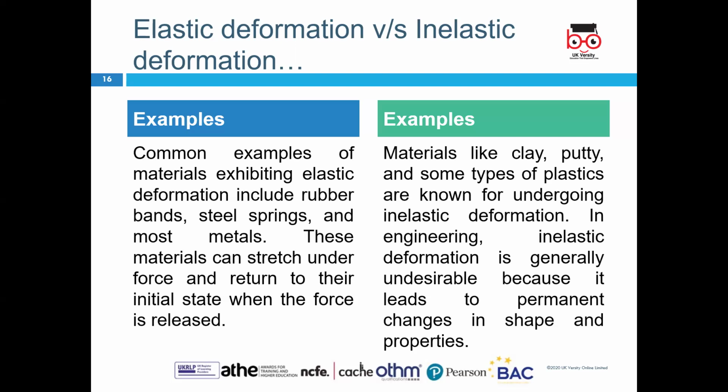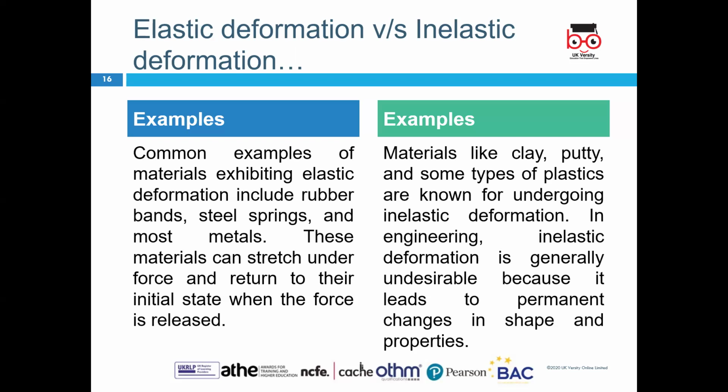A simple way to remember is that an elastic deformation returns to its original shape and size, it converts the energy from one form into another, and there is no energy loss. The common examples include steel springs, rubber bands and most metals.